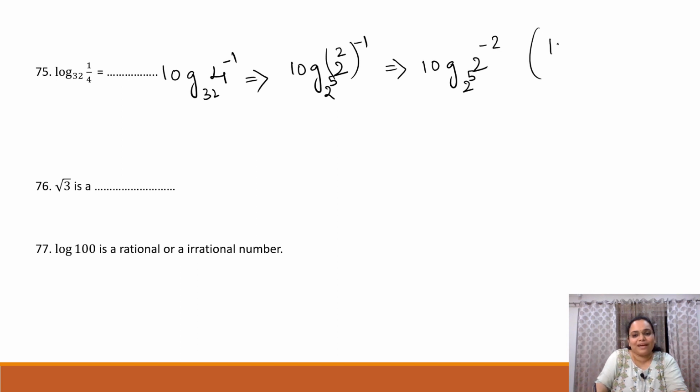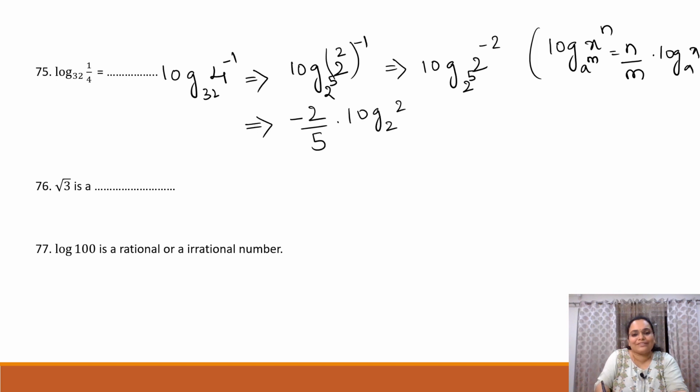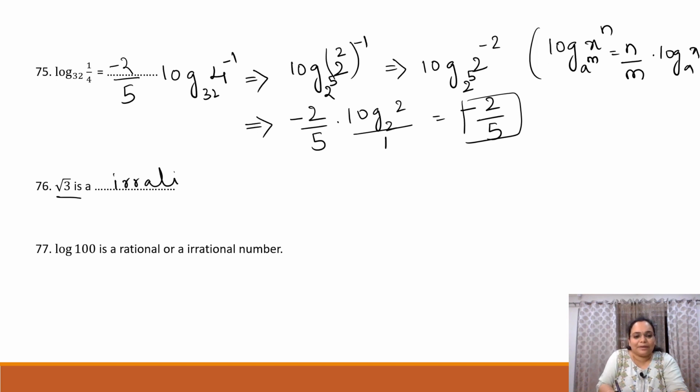This is in the formula log x power n to the base a power m is equals to n by m into log x to the base a. Now this will be minus 2 by 5 into log 2 to the base 2. We know this is 1, your answer will be minus 2 by 5.